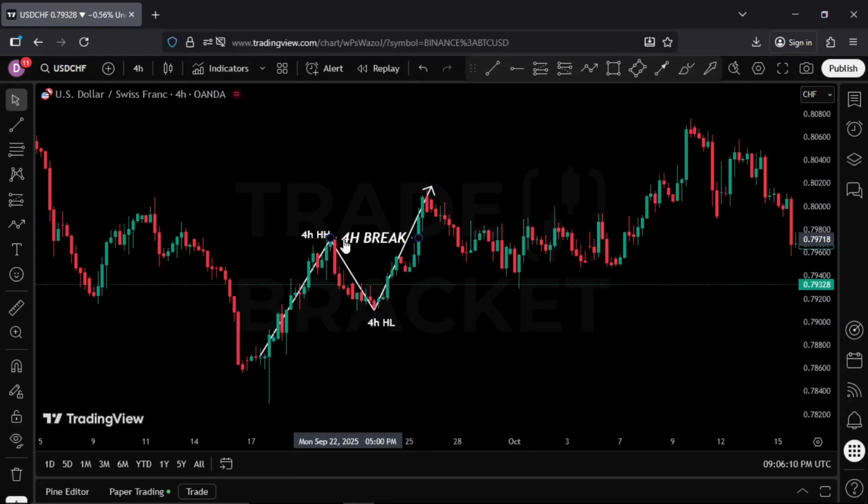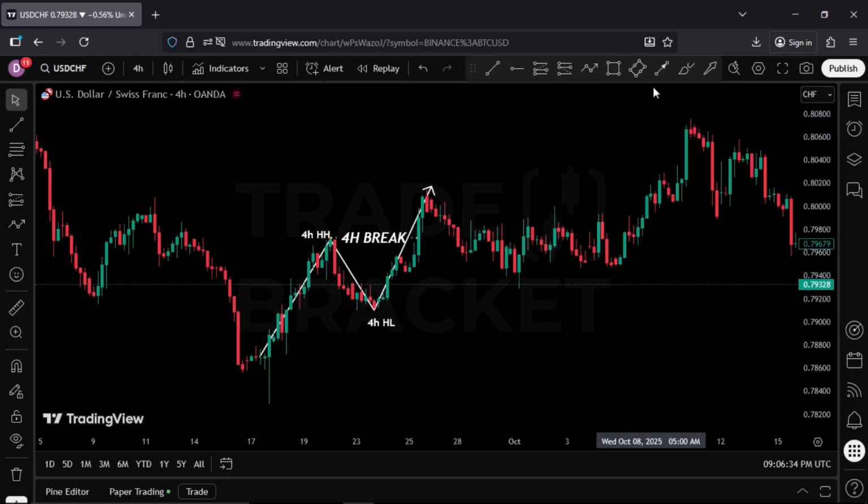As soon as it created this break, this proved to us that the overall directional bias of the market is to the upside. And if the overall directional bias of the market is to the upside, we're only looking for buys.